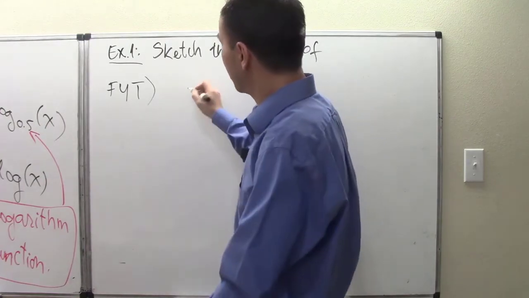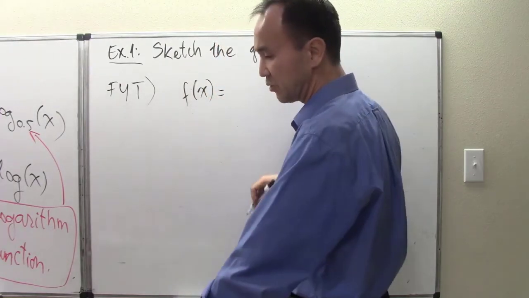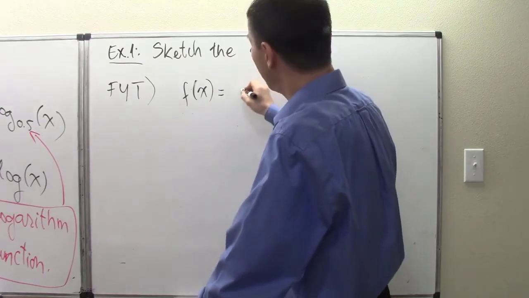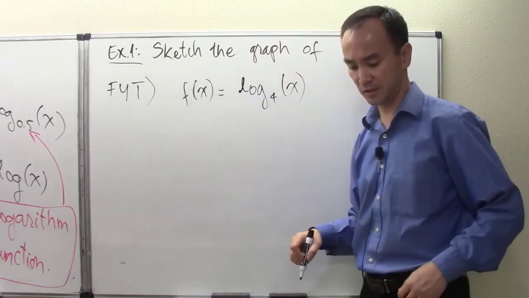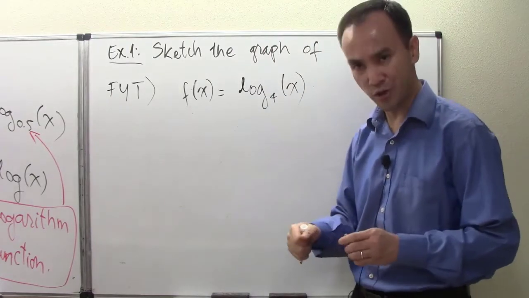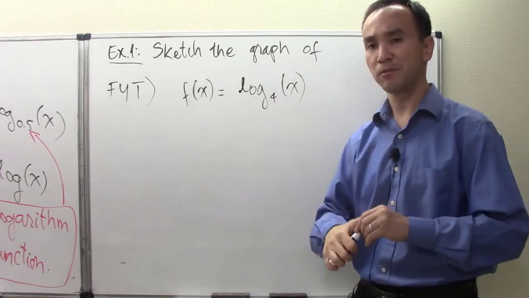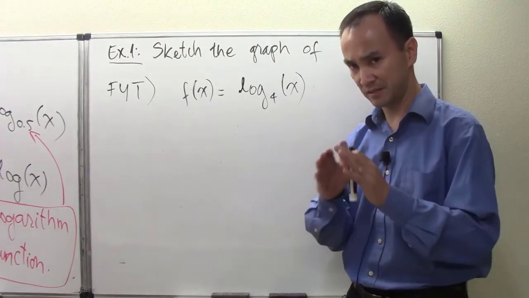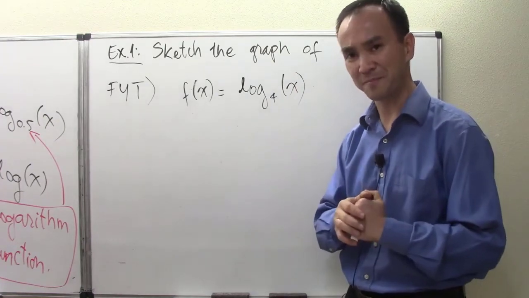I want you to graph the function f of x equals log base 4 of x. Get your own table of values, put them as plotted points on a blank piece of graphing paper, and then sketch the graph through them.